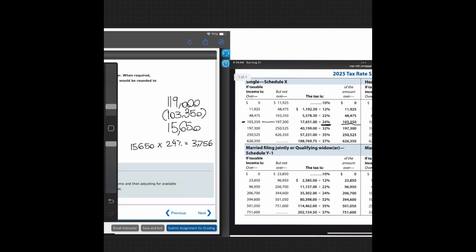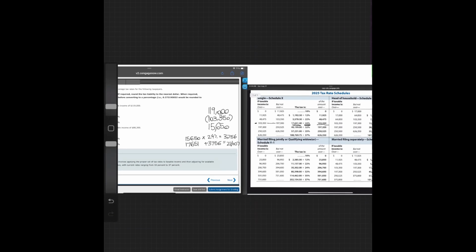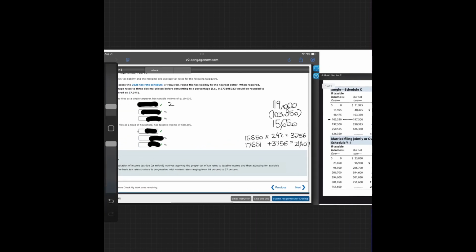Then we take 37.56 and add it to this number. And that will give us a result of 21,407. All right, so this number right here, our marginal rate is 24%.